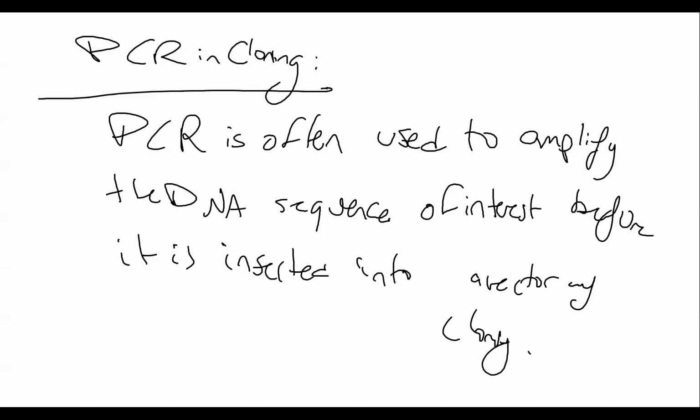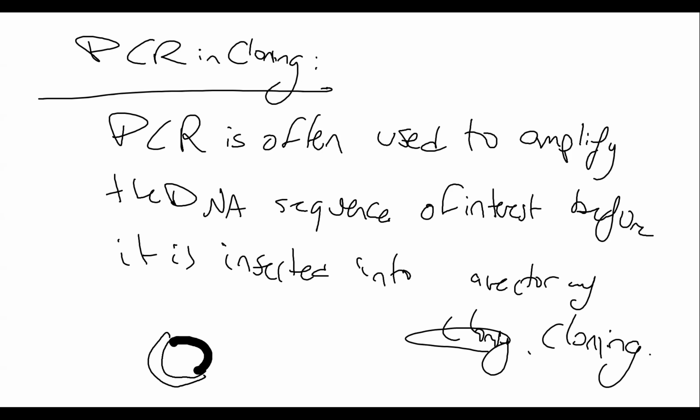As we said, in the cloning, we have a vector, and we try to insert the amplified DNA inside this vector. So this DNA that we, if you remember, we said that we have a vector, let's say plasmid, and we insert the DNA inside it using the enzyme that we spoke about.